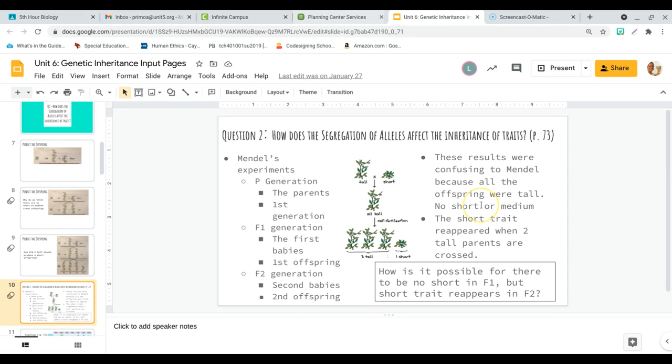There were no short or medium in that F1 generation. So there wasn't like a blending of traits. But then the short trait reappeared in the F2 generation. So this is what Mendel studied in his time. He looked at all of these different crosses, and he started piecing together some very important vocabulary that y'all might have heard before.